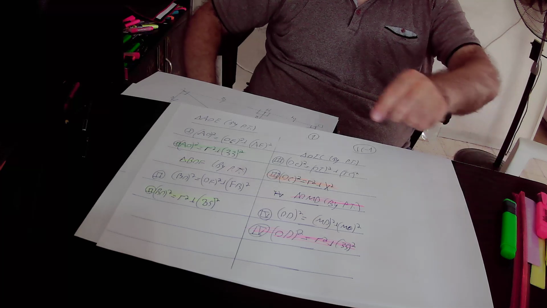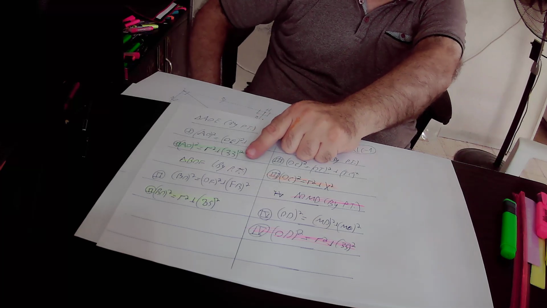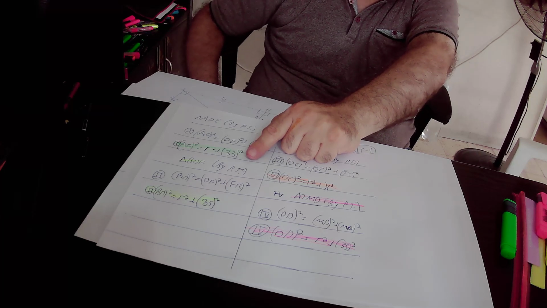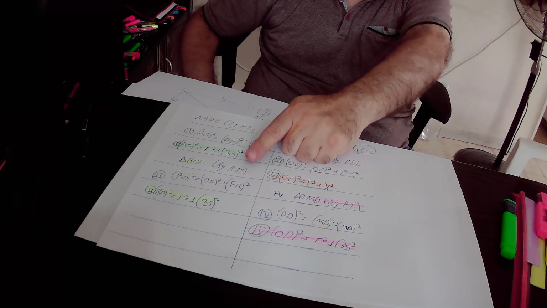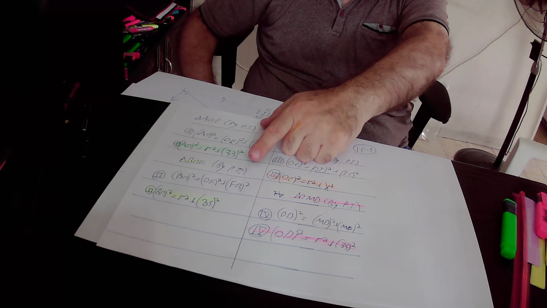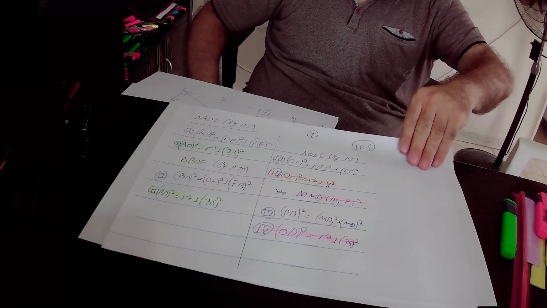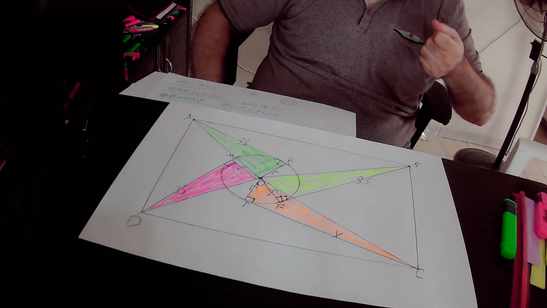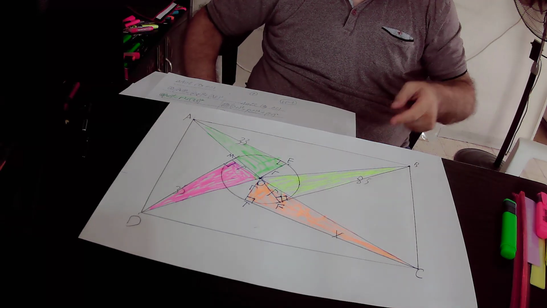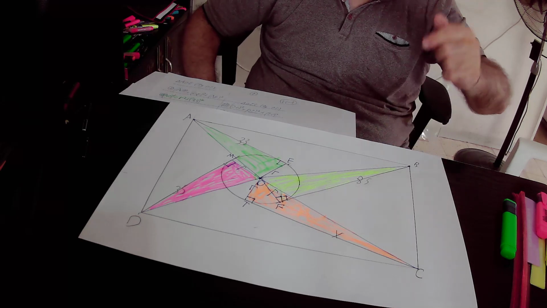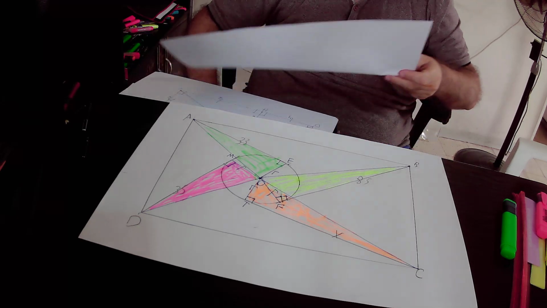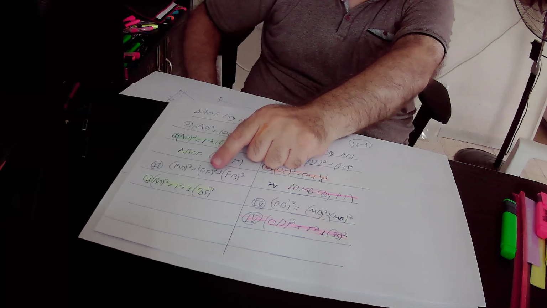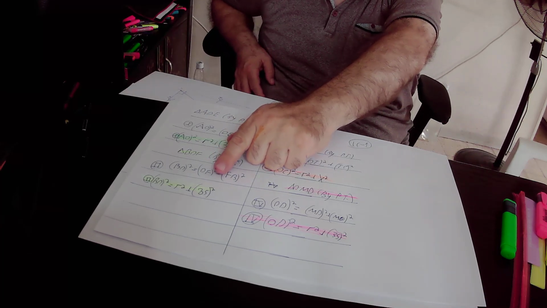OF equals R, therefore OF square is R square. BF is 85, therefore BF square is 85 square. So in conclusion, according to equation number 2, BO square equals R square plus 85 square.